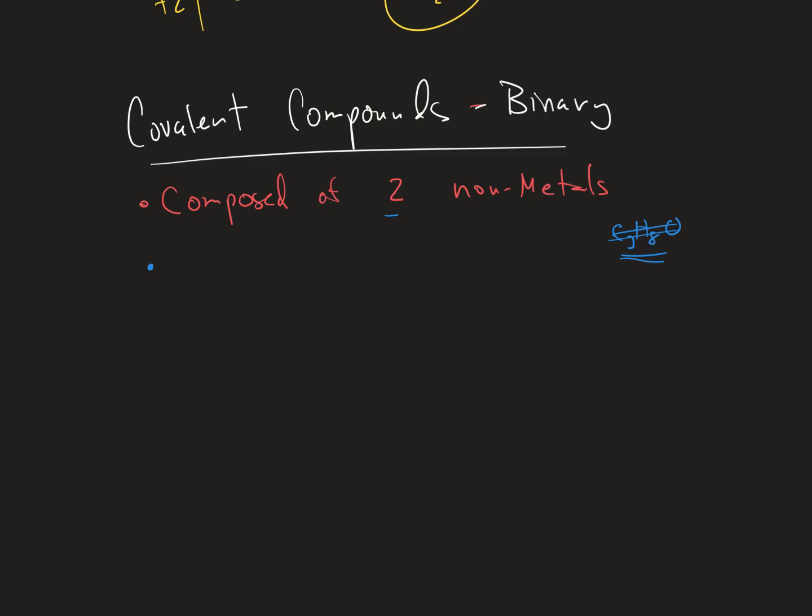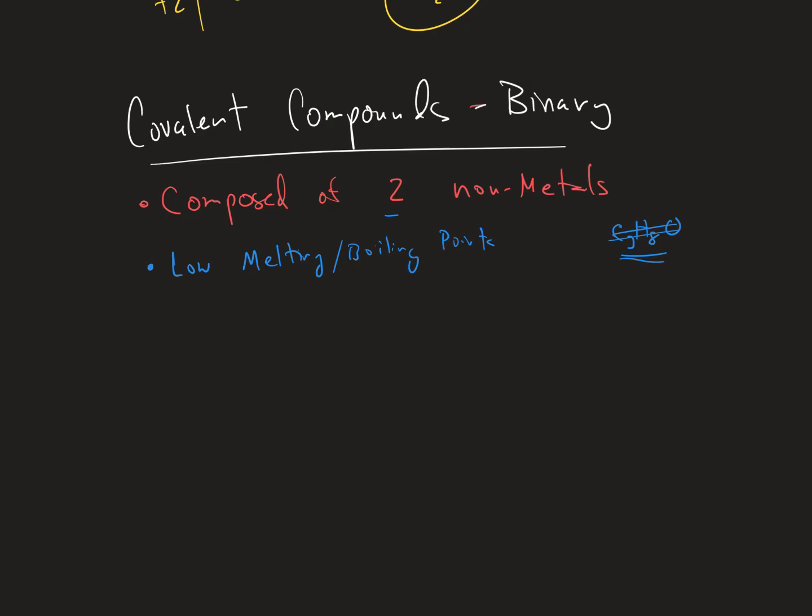And then another thing you need to know is they have low melting points and boiling points. Why is that? Ionic compounds have high melting and boiling points. Covalents have low. What causes that? Any ideas? Is that because the chemical bonds are weaker?